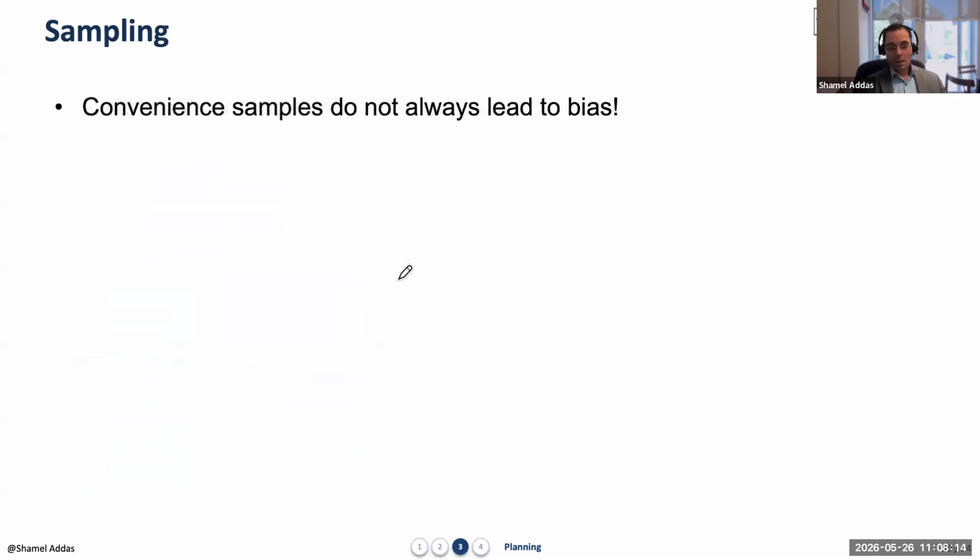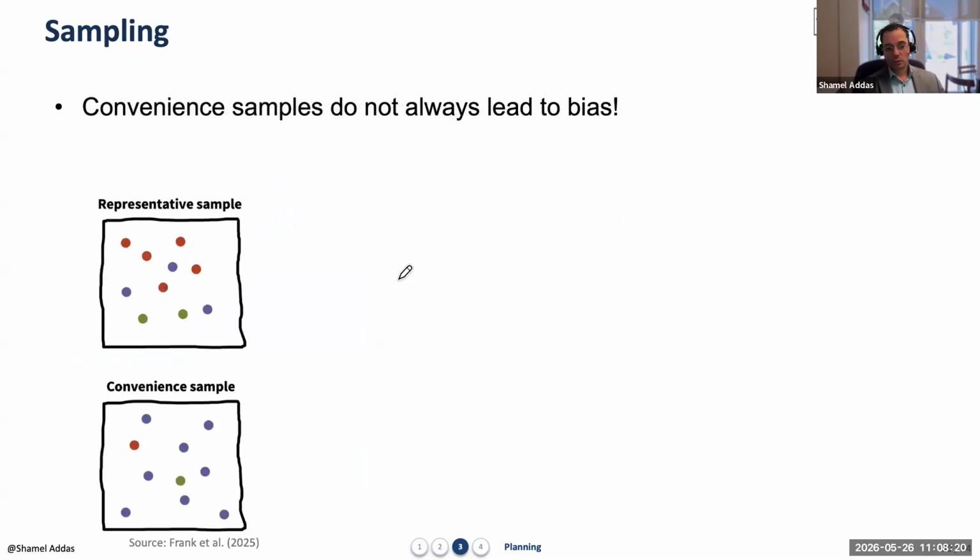Okay. So convenience samples do not always lead to bias. That's important to know. Here is a representative sample where different groups tend to occur relatively evenly, versus a convenience sample, which might be overrepresented by, let's say here, the blue group. Okay.